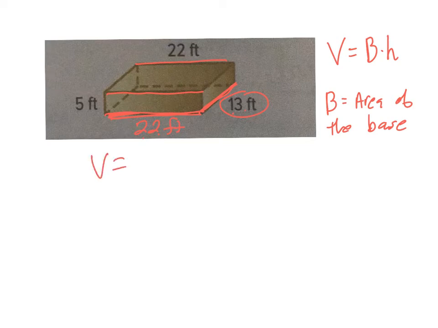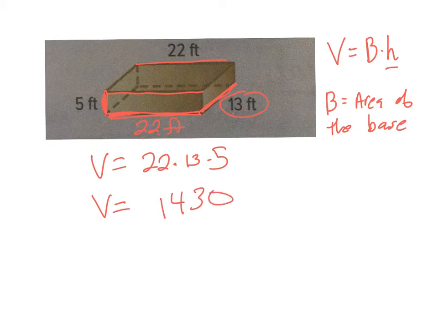So volume equals the base of 22 times 13, and then I have to times that by my height, which is 5. Volume equals 22 times 13 times 5 equals 1,430. Now that's part done.